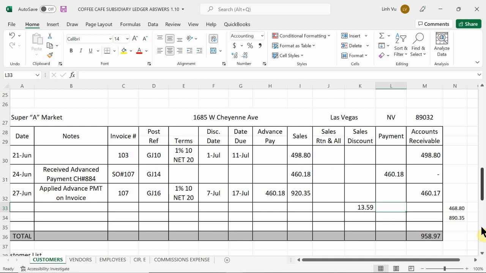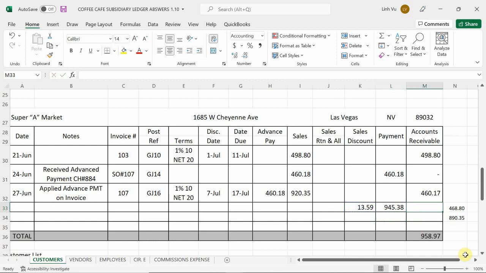468.80 rounds up to $4.69, and $8.90 does not round at all. So you got 4.69 plus 8.90, giving a total of $13.59. That's going to go against the actual total amount, which is 958.97 minus this.